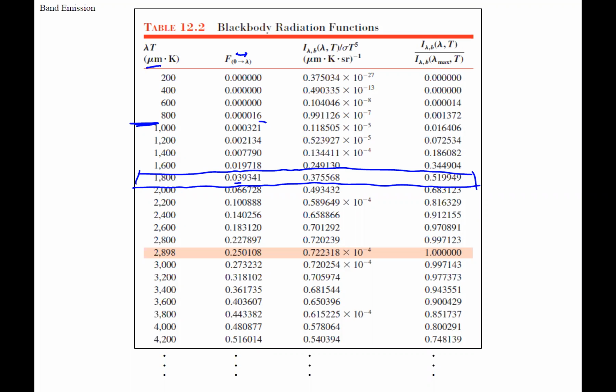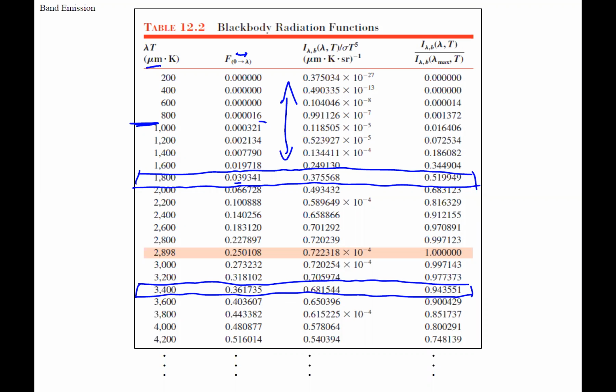And if we had another one and we chose, let's say, this column, and it ends up being the wavelength times temperature, that means from here to here we have about 4% of the emissive power. From here to here would be this value minus this value.